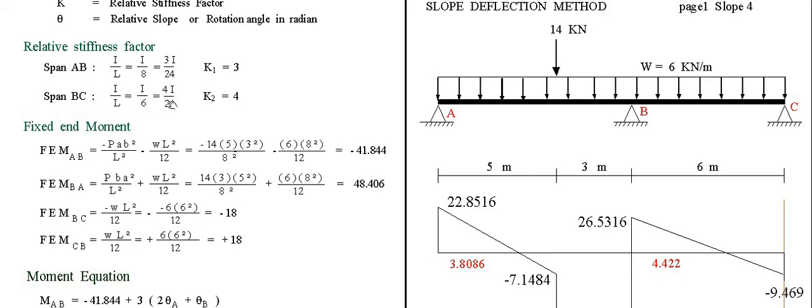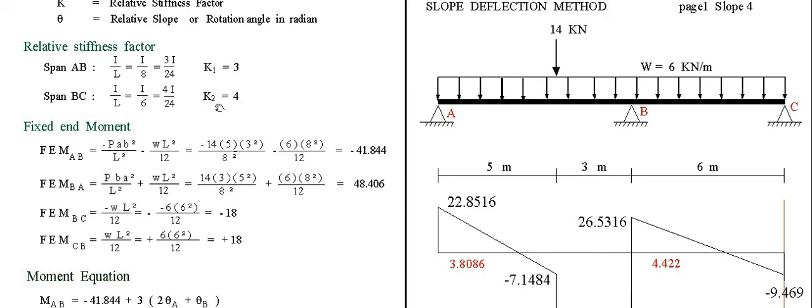Again, this is also I over 6. Now the K for AB is just this numerator, or 3. The K for BC is 4.